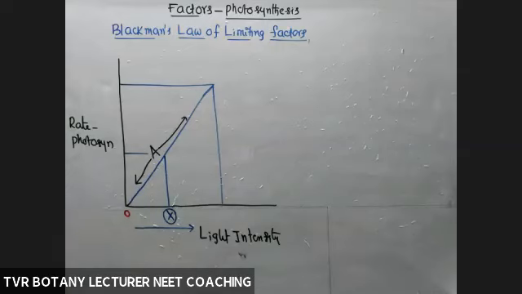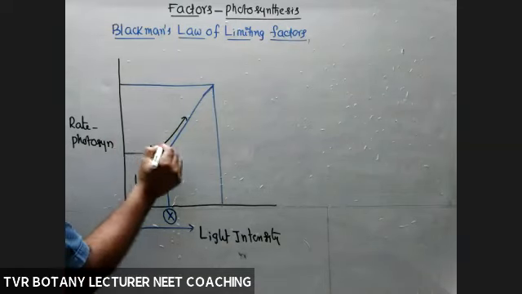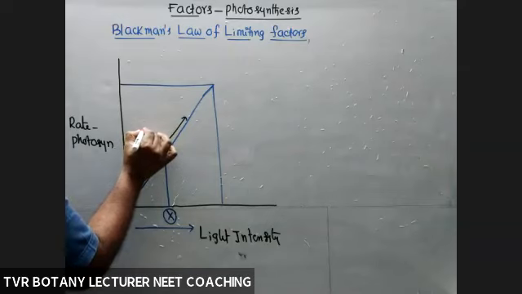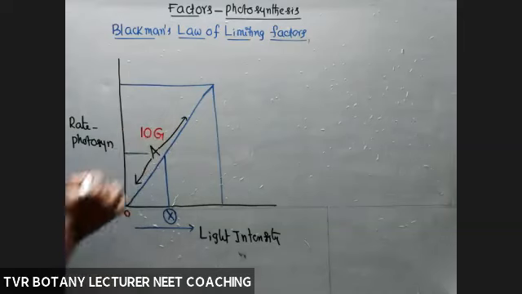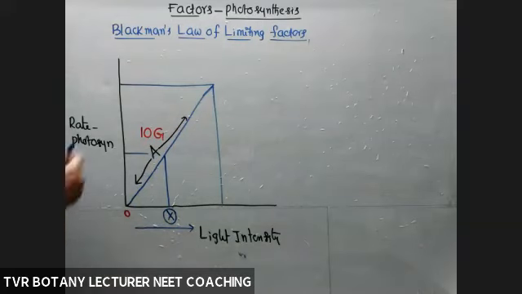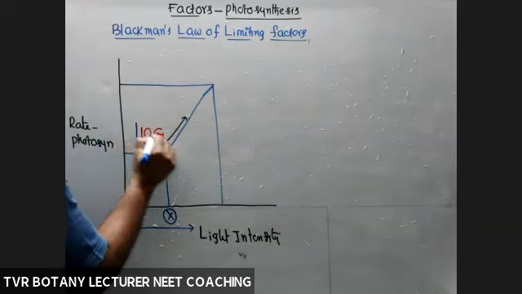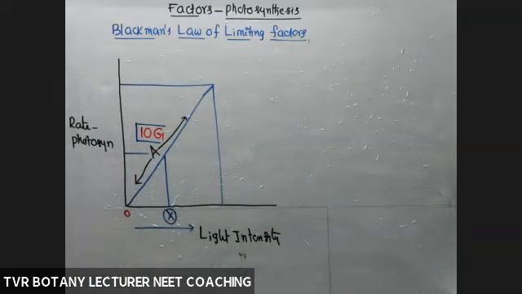Whatever the quantity of light, X concentration of light. So at X light intensity, in A region, the number of glucose molecules is only 10 glucose molecules.